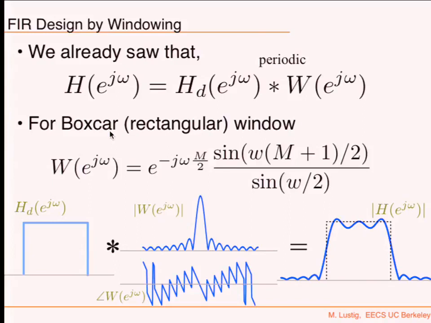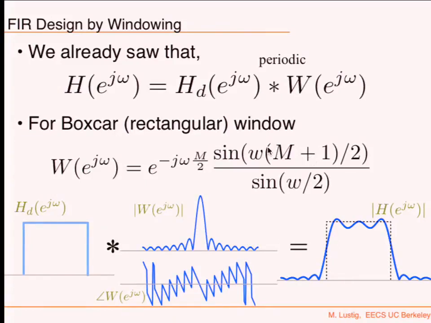So for a boxcar rectangular window, if I take a window that is causal, so it starts at n equals 0 and goes up to M, of Mth order, which means it's going to have M plus 1 values. Mth order is M plus 1 number of values. Remember this. We're going to use it quite a bit.